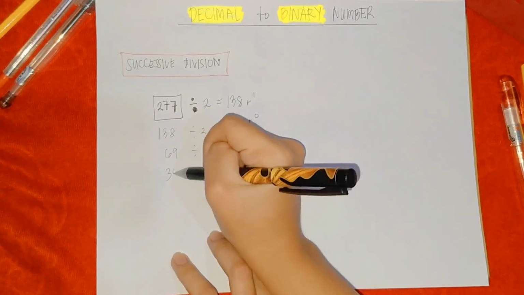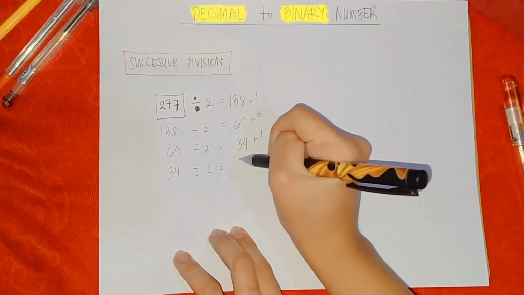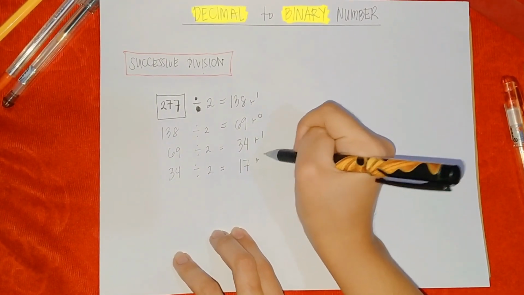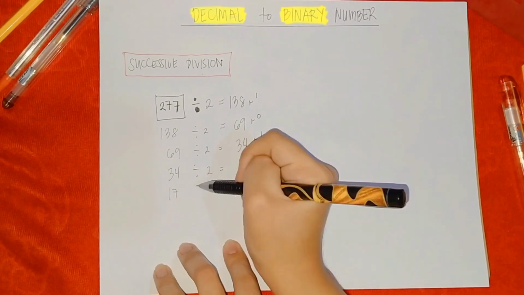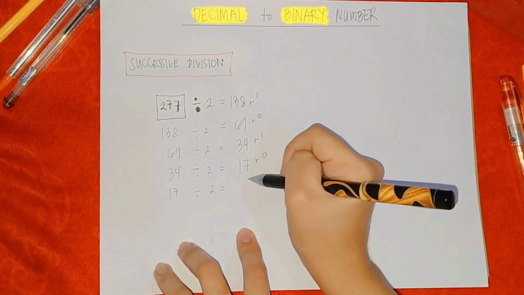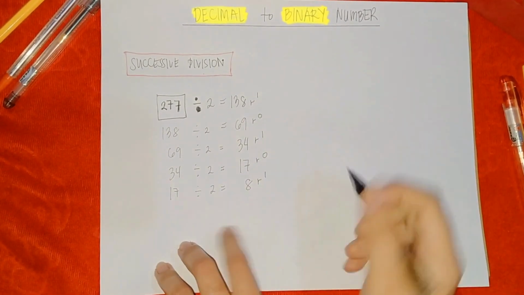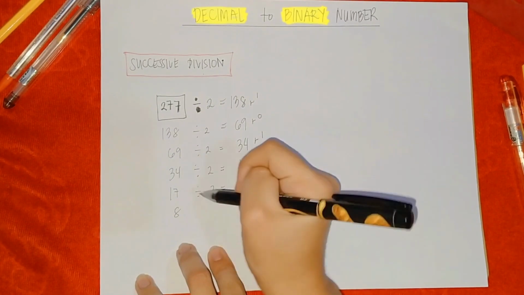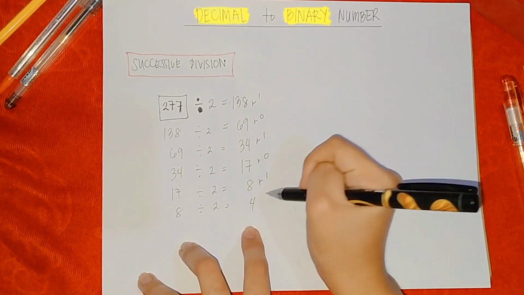So 34 divided by 2 is equal to 17 remainder 0. Then 17 divided by 2 is equal to 8.5, so 8 remainder 1.